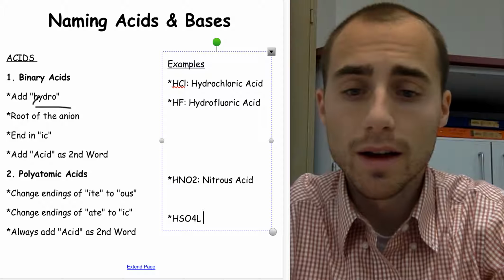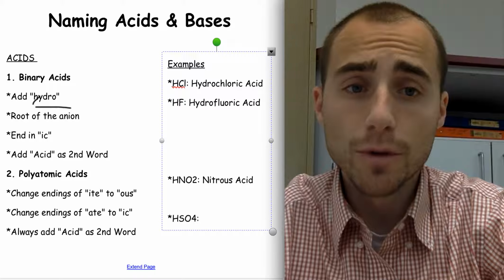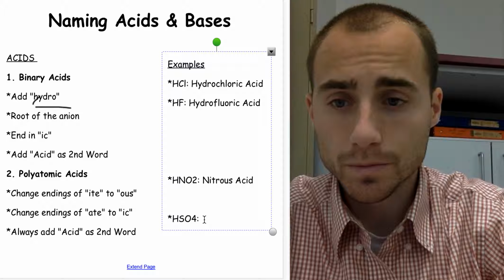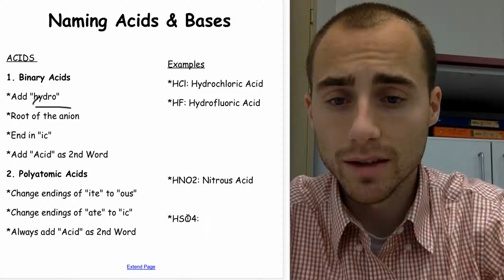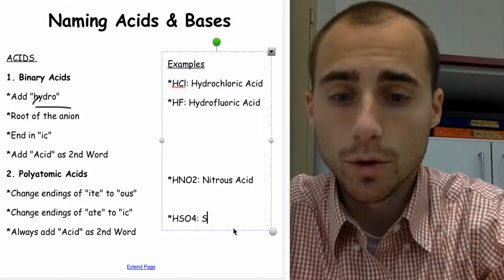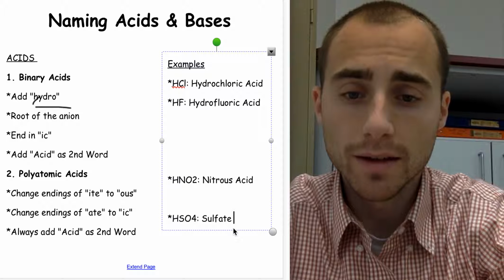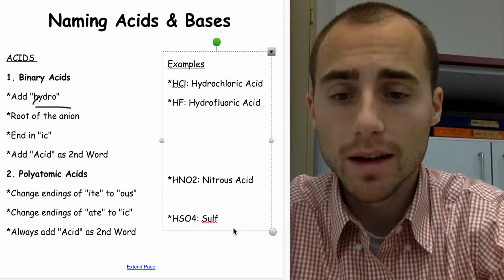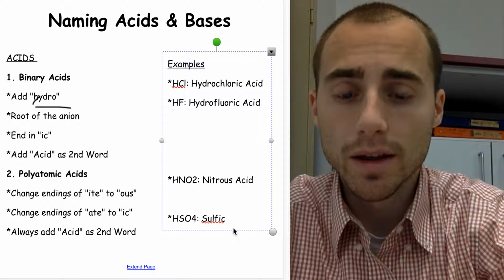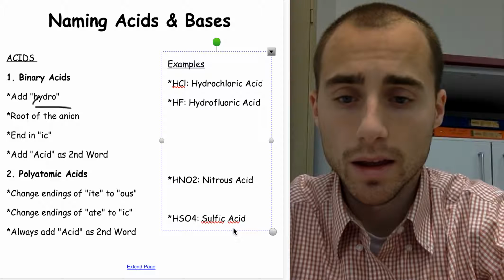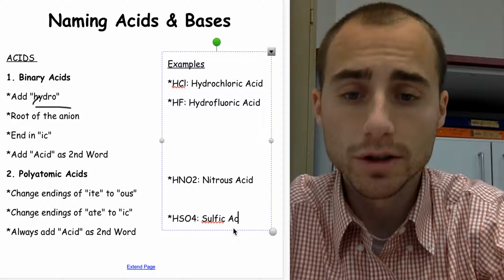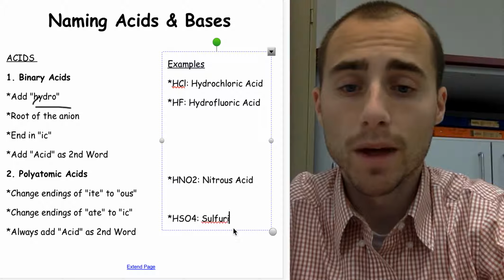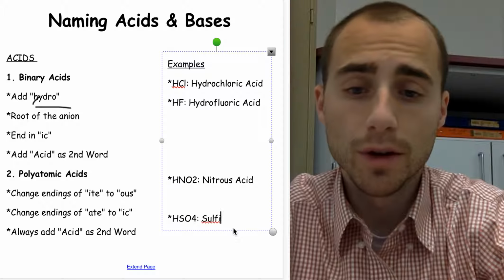Our second one here is an example. SO4 is sulfate. So that means it's ending in ate. Normally it would be sulfate, that's the typical polyatomic. We're taking off the ate and adding ic. It's going to be sulfic acid. You'll see it sometimes as sulfuric acid, but sulfic acid would also be correct.